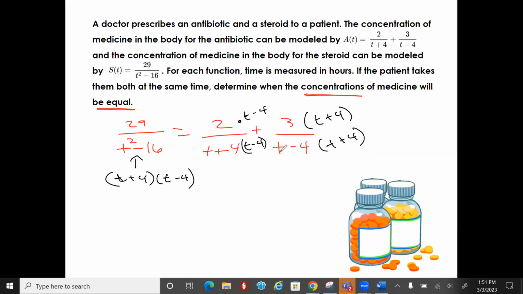Since the denominators are all the same, we can drop the denominator, which is going to give us 29 equals 2 times everything that we have here. That's going to be 2t minus 8. We're going to multiply this out, and that's going to give me 3t plus 12.